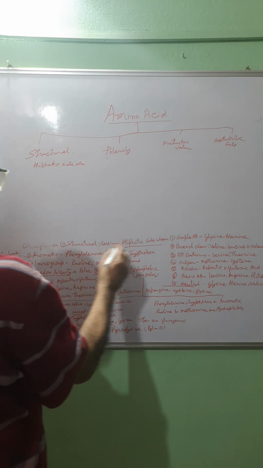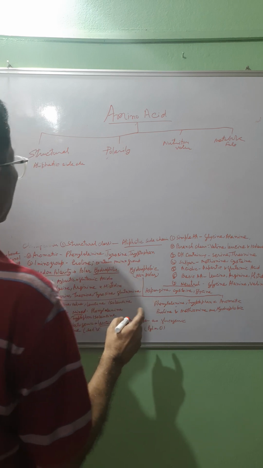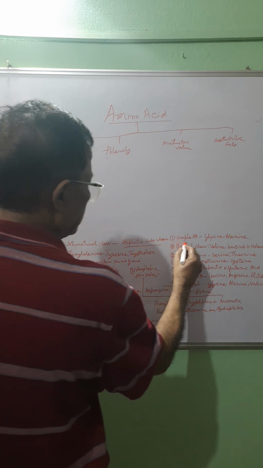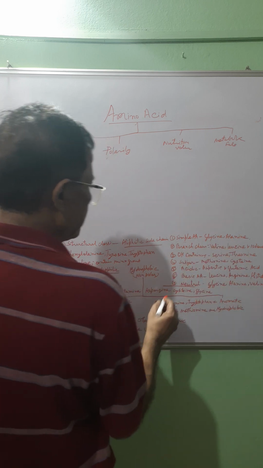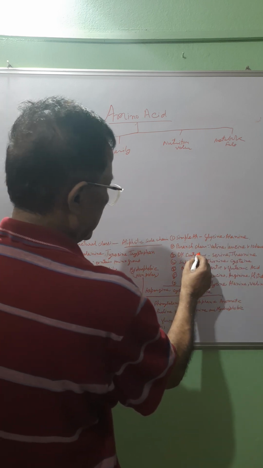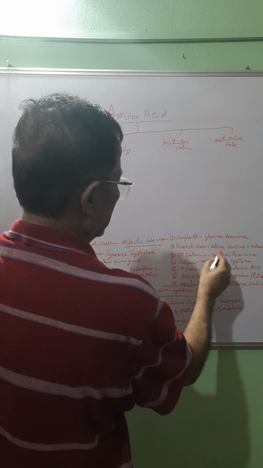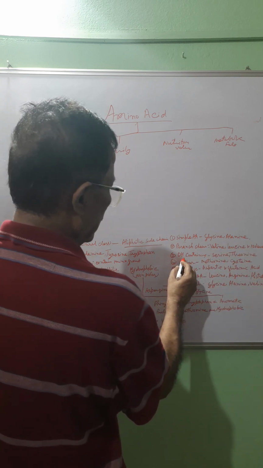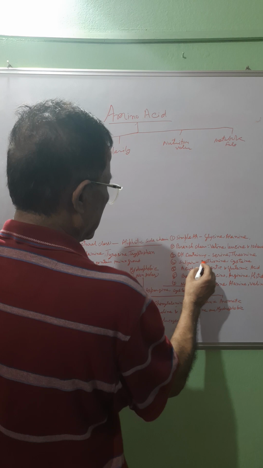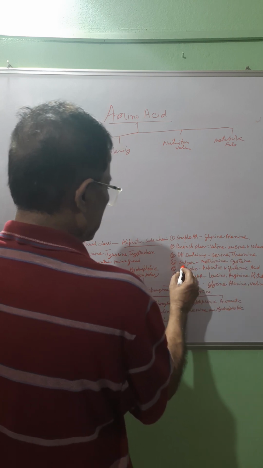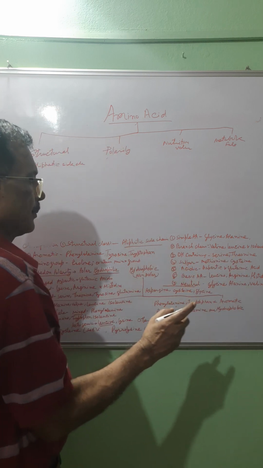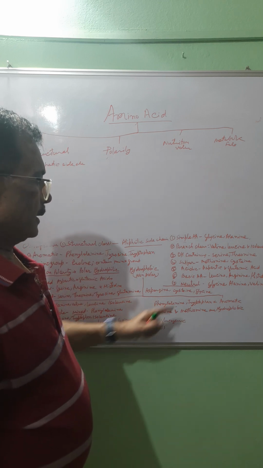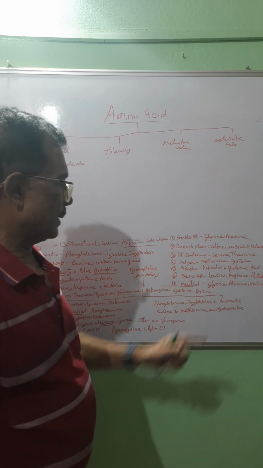Aromatic. In aliphatic side chain, there are simple amino acids, glycine and alanine; branch chain amino acids, valine, leucine and isoleucine; hydroxyl containing amino acids, serine and threonine; sulfur containing amino acids, methionine and cysteine; and acidic amino acids, aspartic acid and glutamic acid.